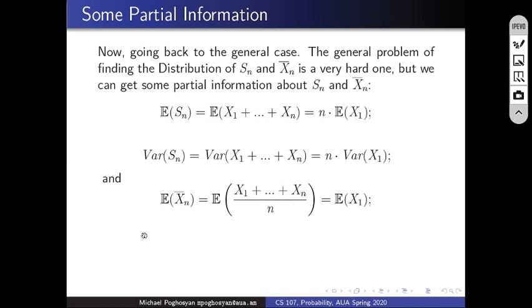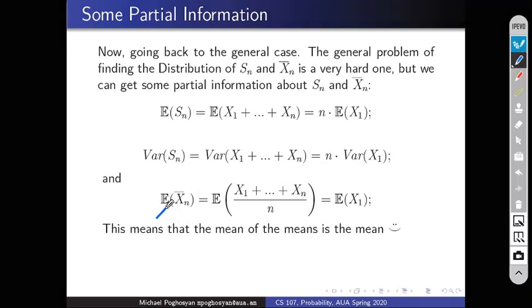What this shows is that the mean of the means is the mean of x.